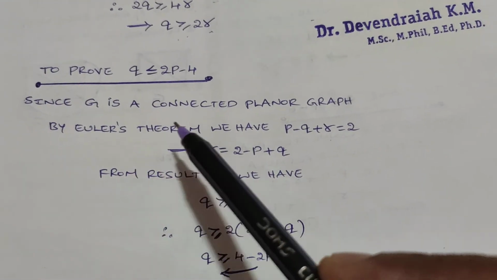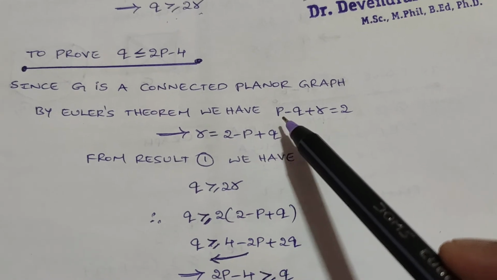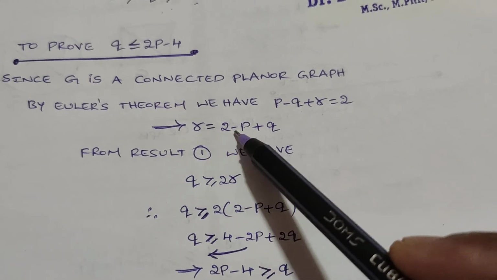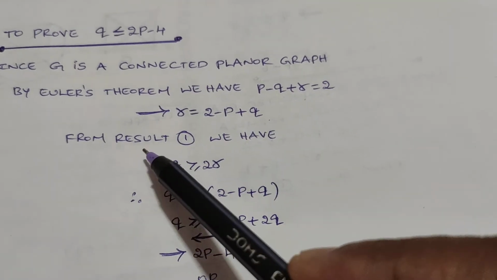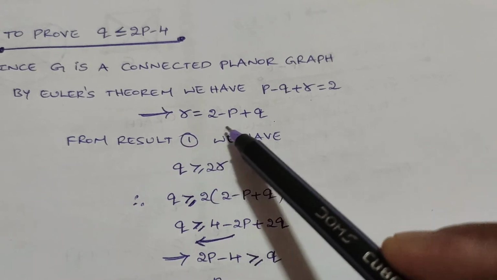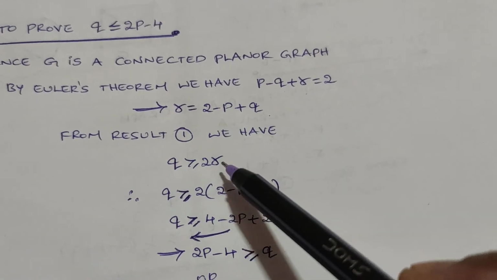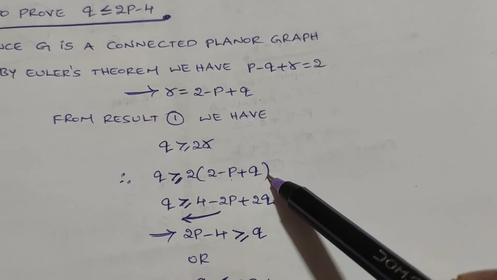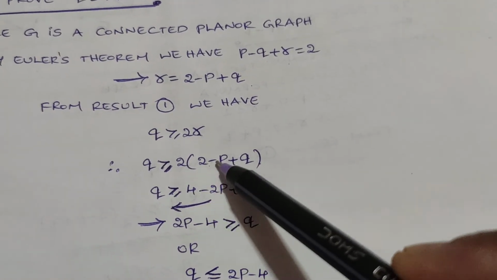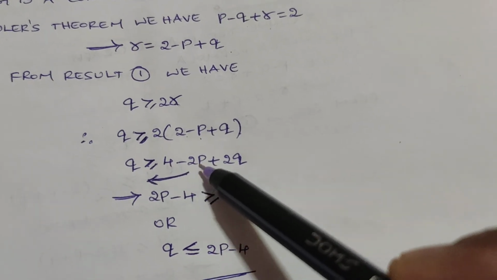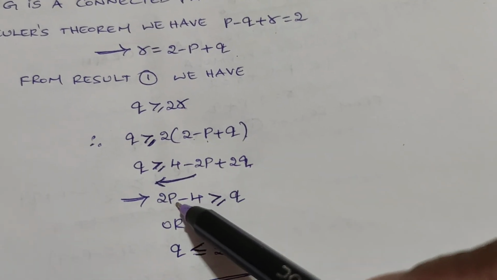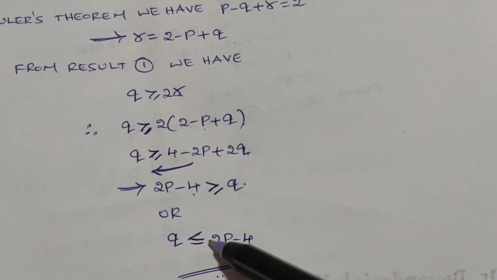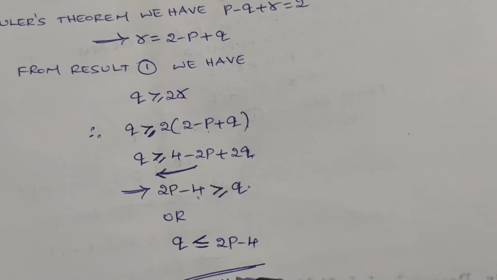The statement of Euler's formula is P minus Q plus R equals 2. The R value will be 2 minus P plus Q. Substituting the value of R in result 1, that is R as 2 minus P plus Q, on multiplying we observe 4 minus 2P plus 2Q. So 2P minus 4 will be greater than or equal to Q, or Q must be less than or equal to 2P minus 4.